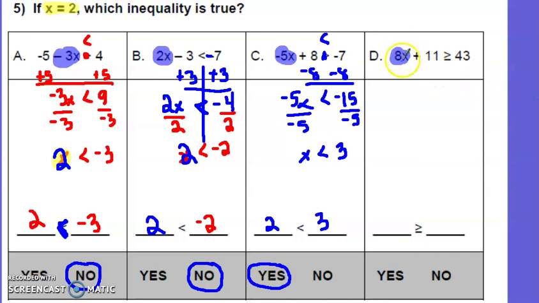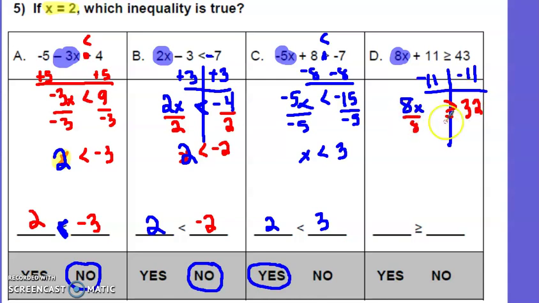So with answer choice D, it says that this is a positive 8x, so we're not going to change anything. So we're going to subtract 11, drop the 8x. We're going to drop the inequality of greater than or equal to, and then we're going to go 43 minus 11, which is 32.